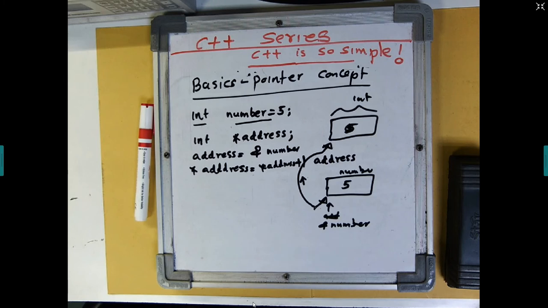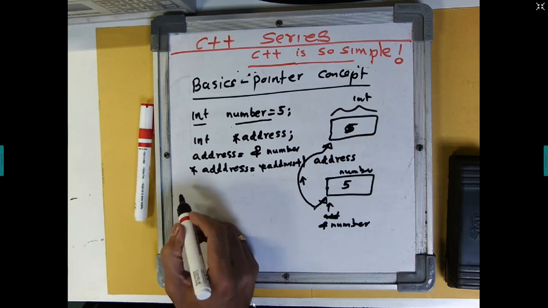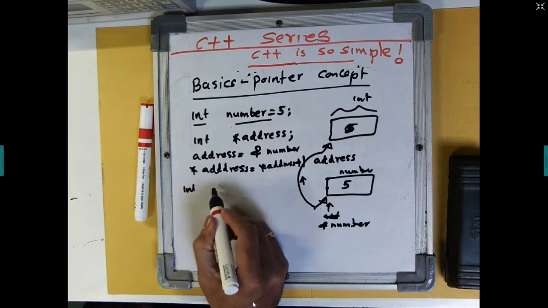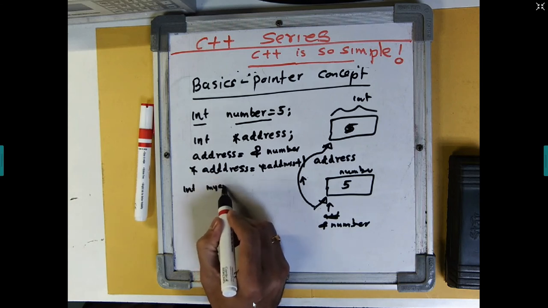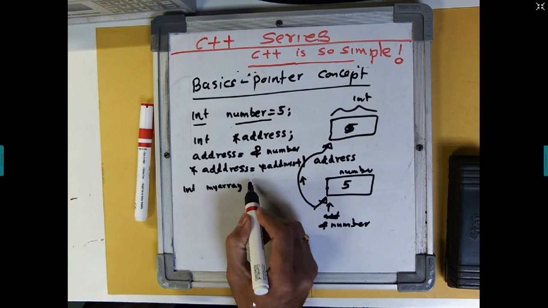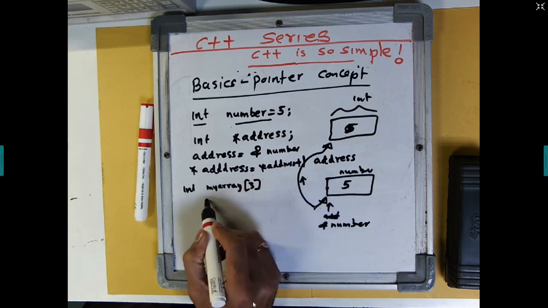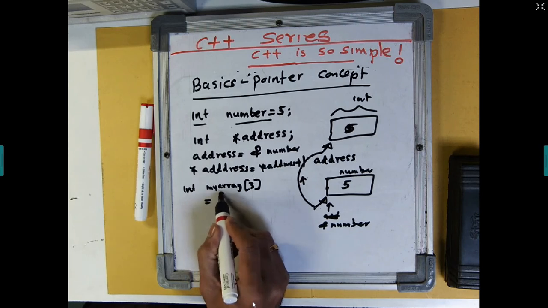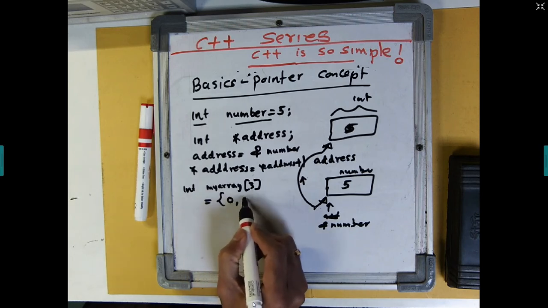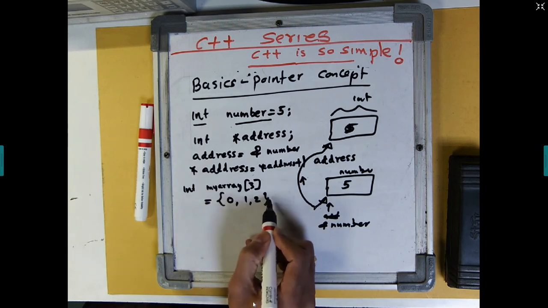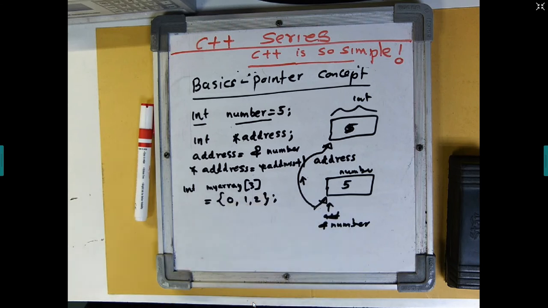Now take the example of an array. Let us take an array of integers. Let's say I call it my array, and it has 3 members: the first at index 0, this is 1, this is 2, let's say. You can initialize like this in C or C++.